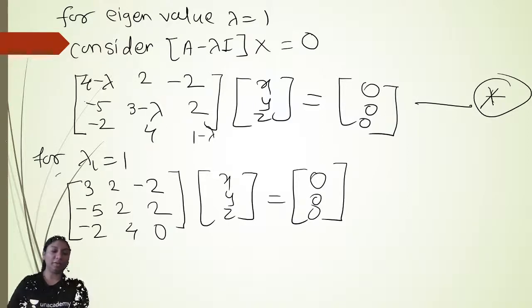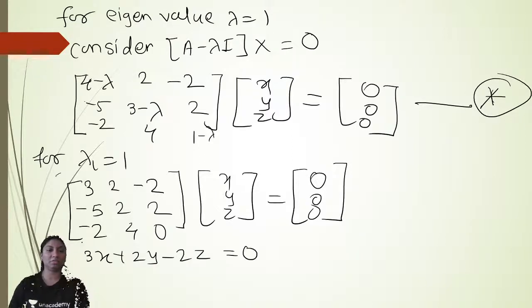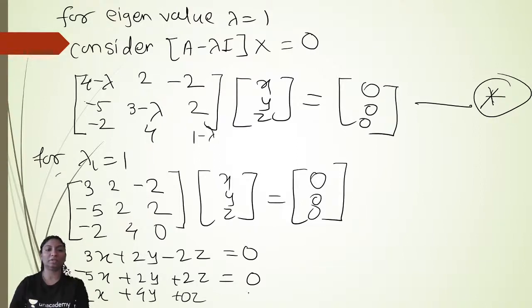Now the system of equations: 3x plus 2y minus 2z is equal to 0, minus 5x plus 2y plus 2z is equal to 0, minus 2x plus 4y plus 0z is equal to 0.